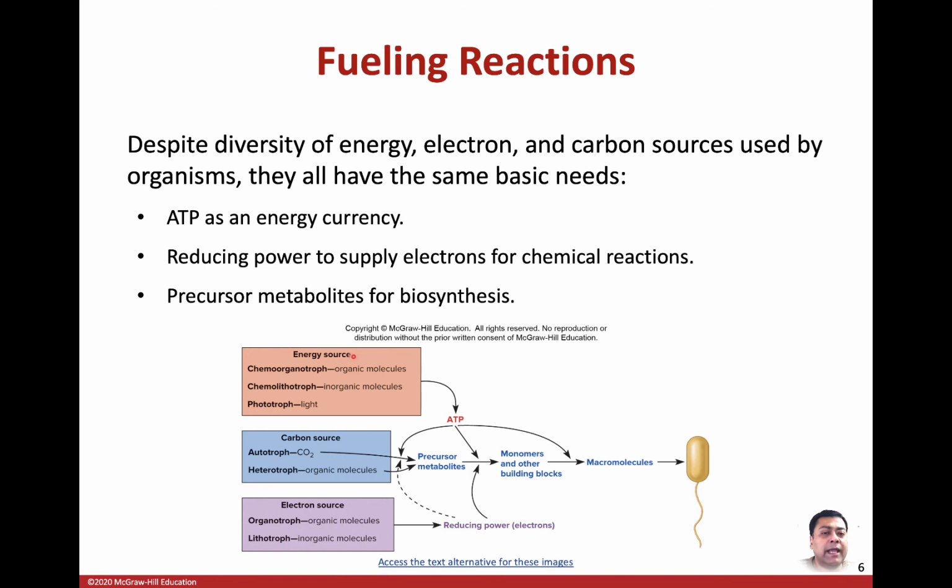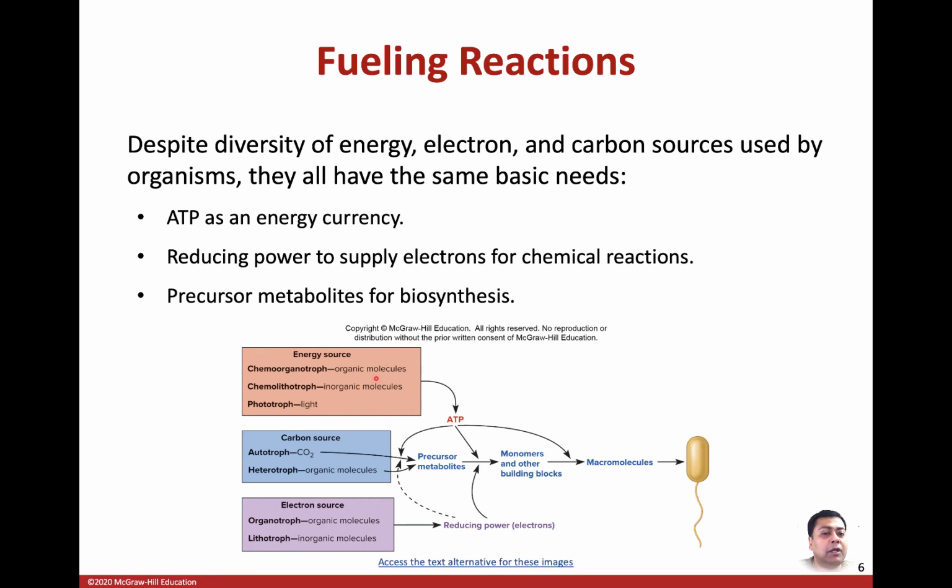If we are looking at the energy source, the chemoorganoheterotrophs, or chemoorganotrophs, use the organic molecules which are already preformed by some autotrophs. Chemolithotrophs use inorganic molecules for their energy source, whereas the phototrophs use light for their energy source.